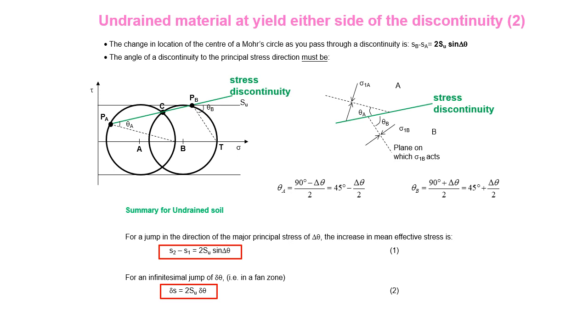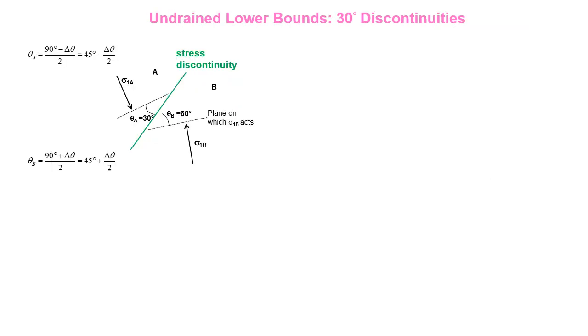Okay, those are key results that we will now apply. What this means is this. If I have a major principal stress in zone A acting on that plane, and that's 30 degrees, as it goes into zone B, it will change to 60 degrees, and the stress will change by SU.